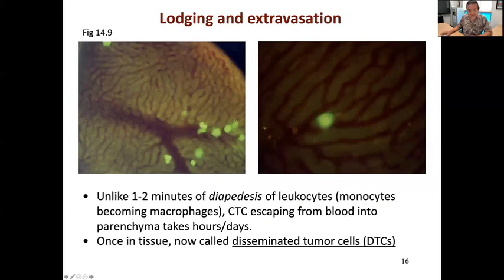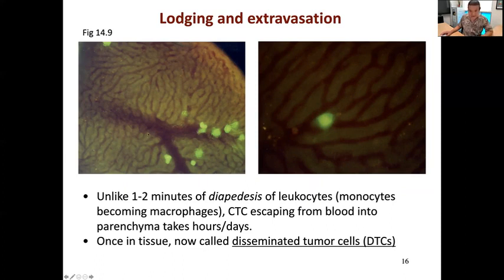So here are some kind of remarkable images. Here is an arteriole, a thin artery, and each of these represents the branching off of that into teeny tiny capillaries. And you can see they have stained cancer cells, these circulating tumor cells, CTCs, in this bright green fluorescence.